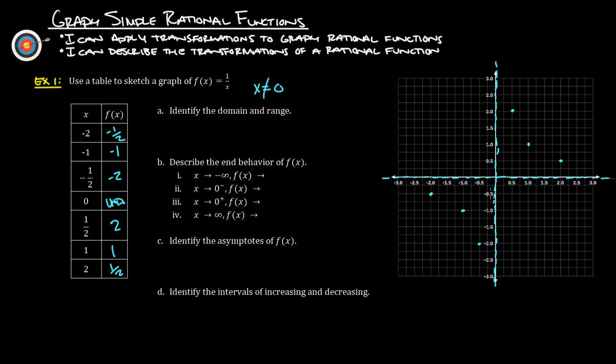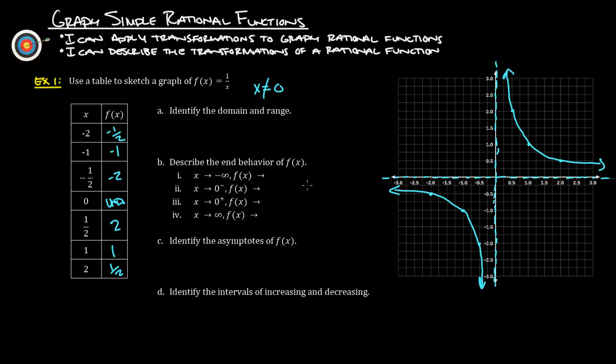So we have these dotted lines, and this graph is going to come through and look something like that on this side, and on the other side it's going to look something like this. And it's going to get closer and closer to each of these asymptotes, but never actually hit them.